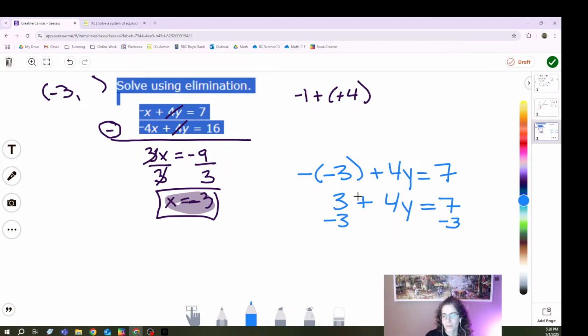Okay, so 4y now equals 7 minus 3. You got this. 7 minus 3. You can do this. Yes. Okay. Now, how do I get y by itself and get rid of the 4 that's attached to it?